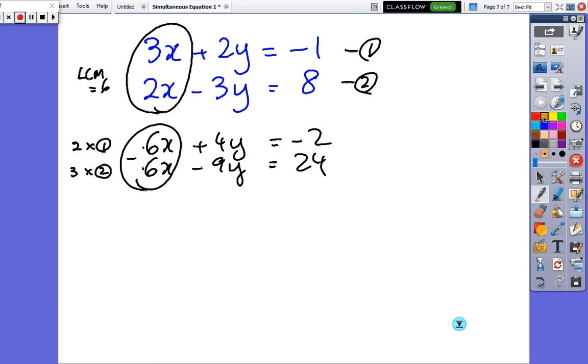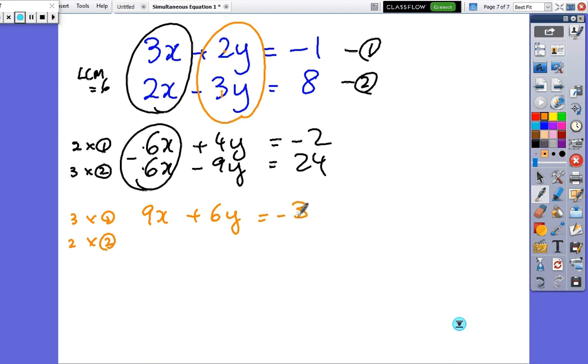But if you chose to get rid of y, the lowest common multiple is 6, but it would be 3 times equation 1 and 2 times equation 2, so it would have been 9x plus 6y equals minus 3, and 4x minus 6y equals positive 16, and then these are different signs, so it would have been an add.